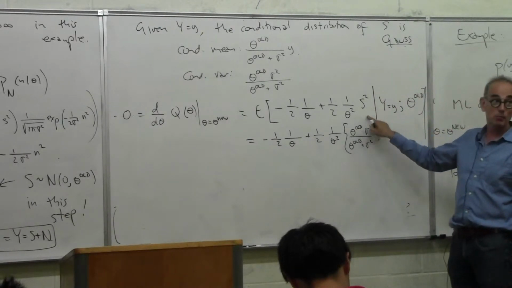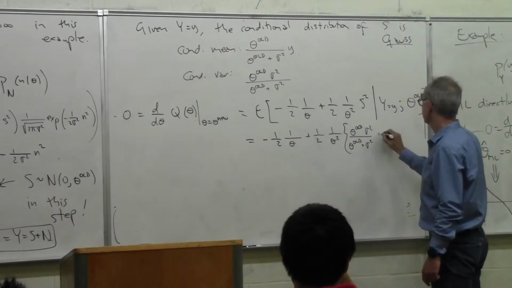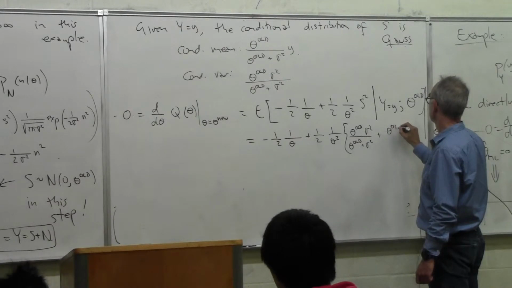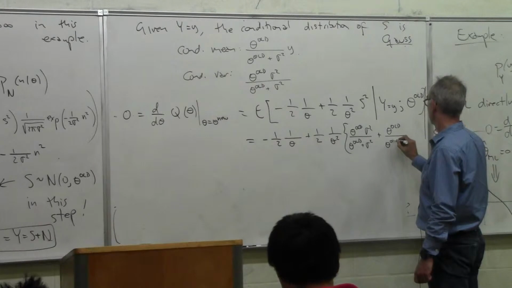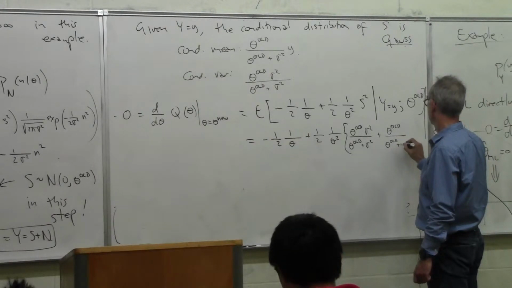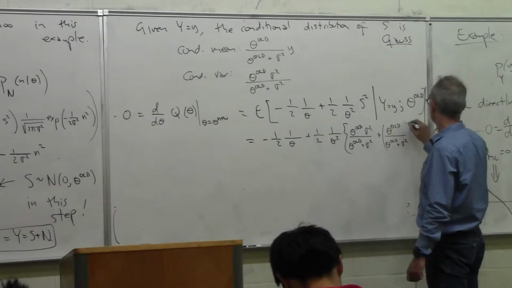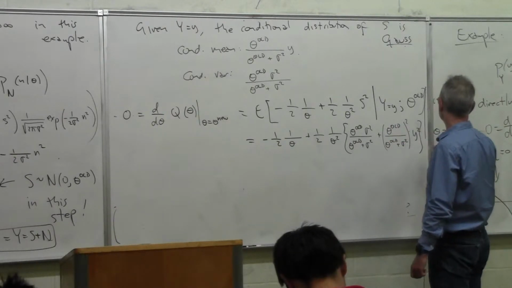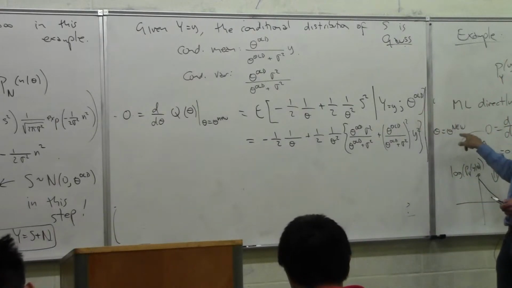But again, this is a second moment, so I've got to take the variance and I've got to take that baby squared. All right, so these are 0 when theta is theta new.